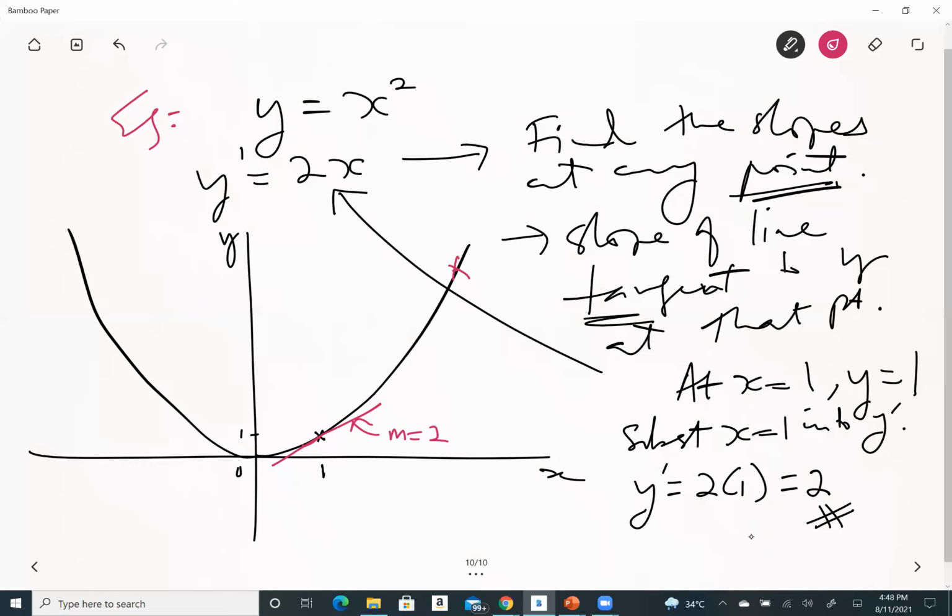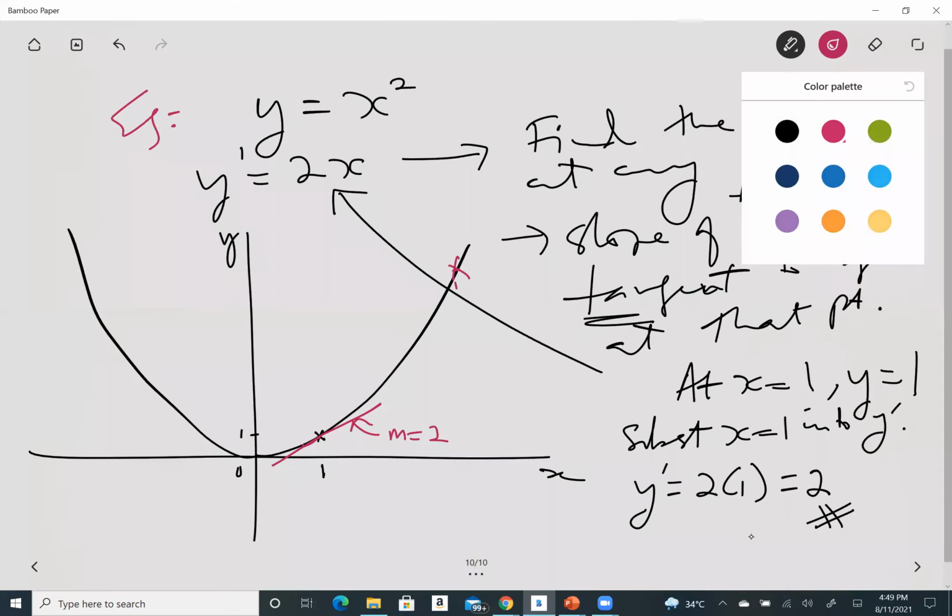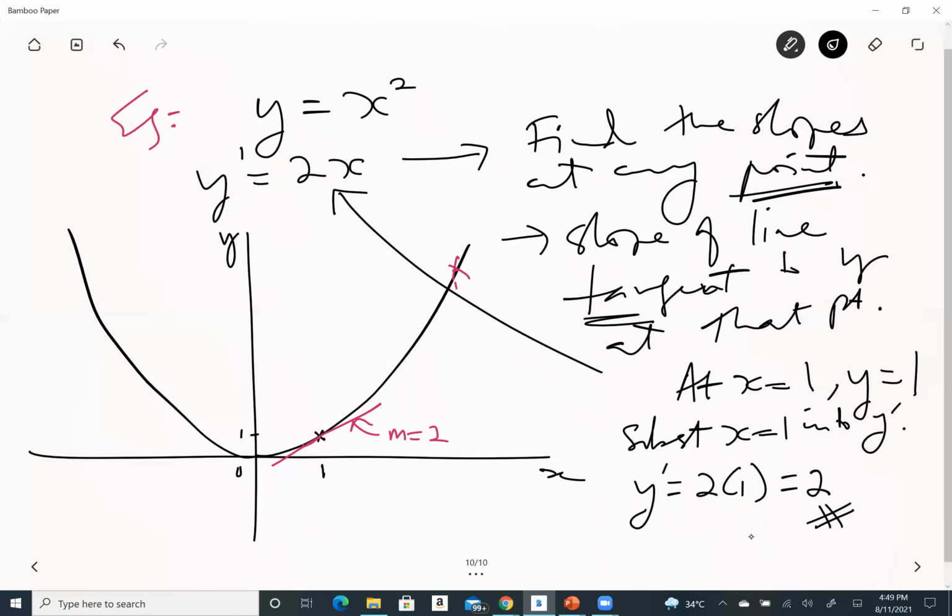Okay, all right. Now I can do that for another point. Suppose I want to find the slope at x equals 5. You know y is 25 here.